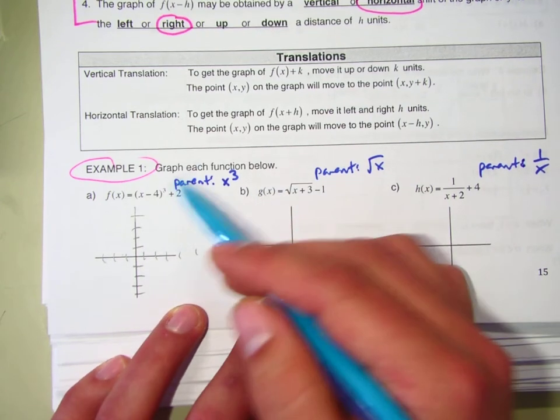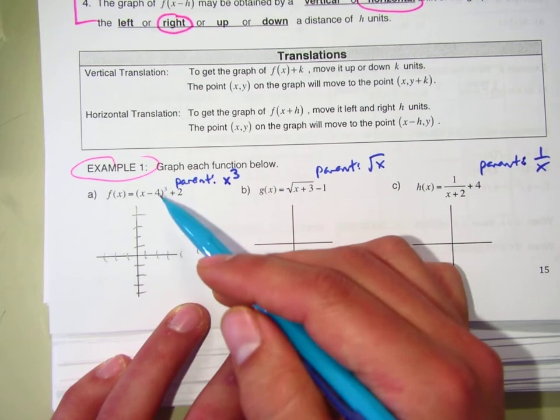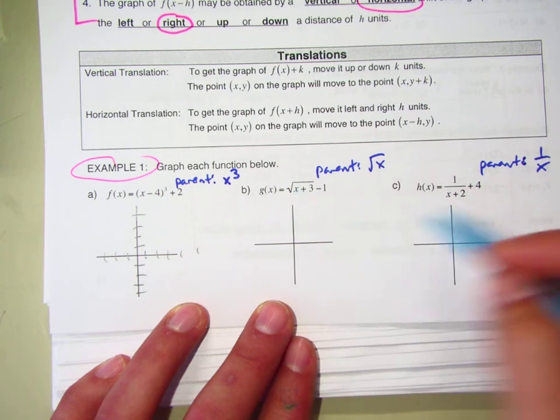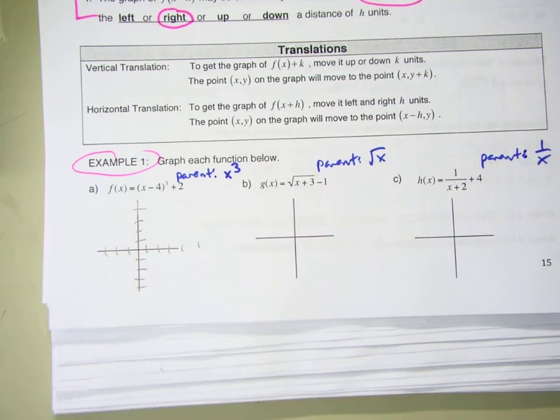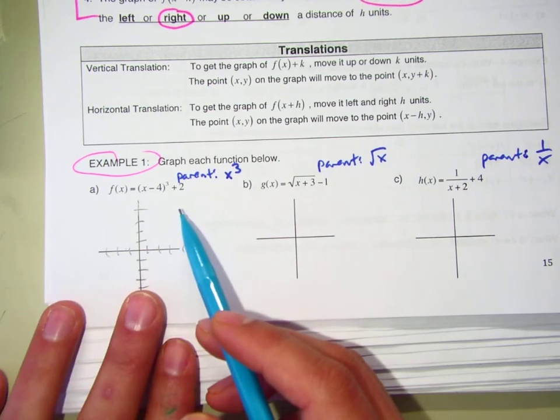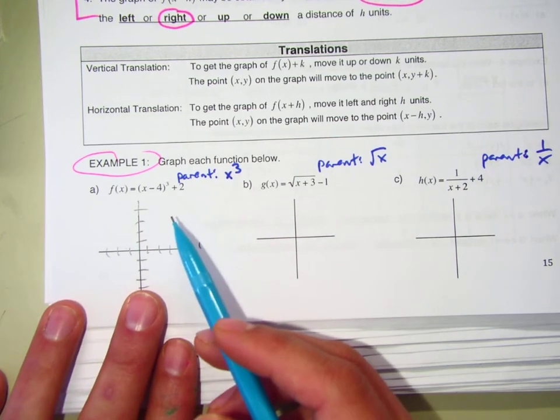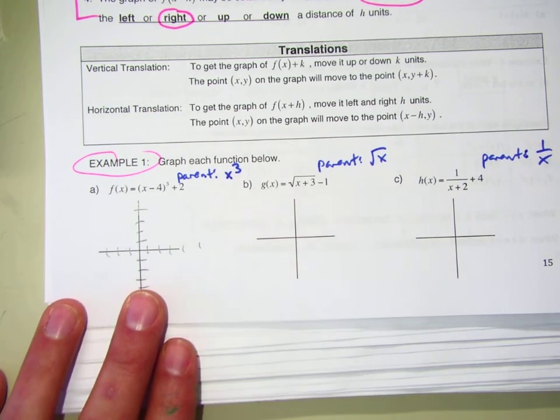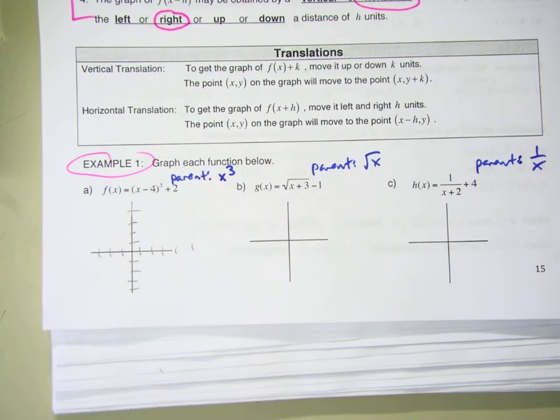All this stuff that you see in front of you, the -4 and the +2, the +3 and the -1, all it does is take your parent graph and move it. And it's always the same rules. It doesn't matter what the parent graph is. It could be a square root, it could be a cubic, it could be a function you have never even heard of yet. It's always going to follow those rules that we just talked about.